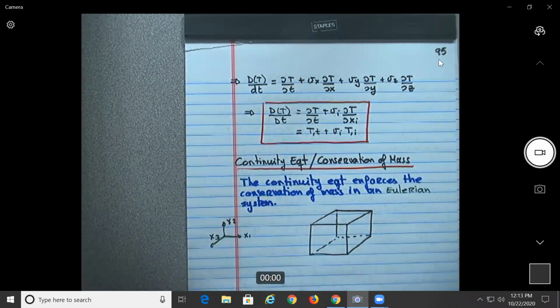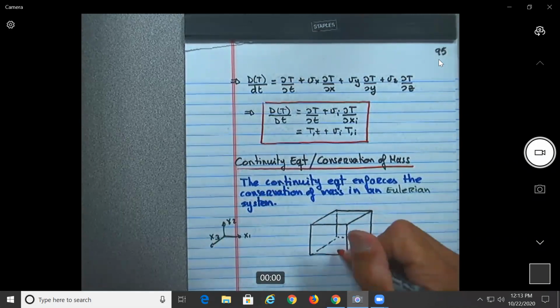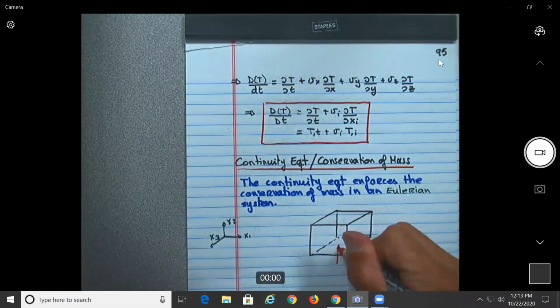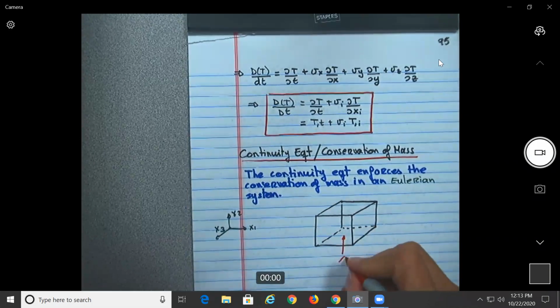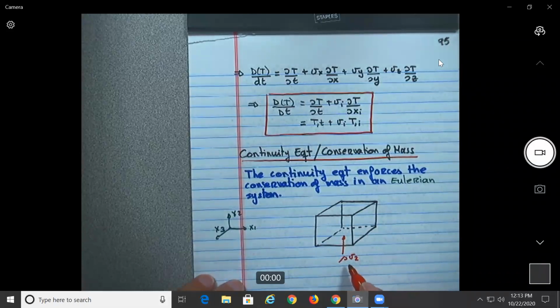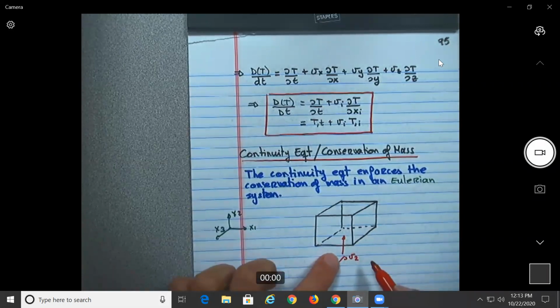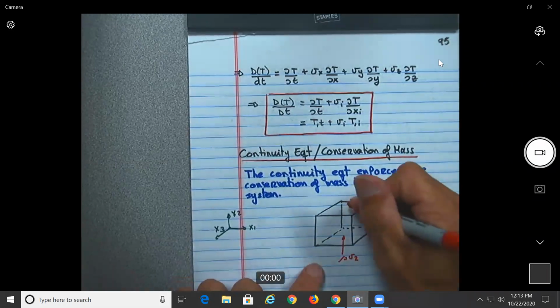That's where the figure can become very messy. So let's say at the bottom you have a quantity of mass rho V2. Remember, this is the mass because density is mass over volume. If you take a volume element, the mass becomes the density.